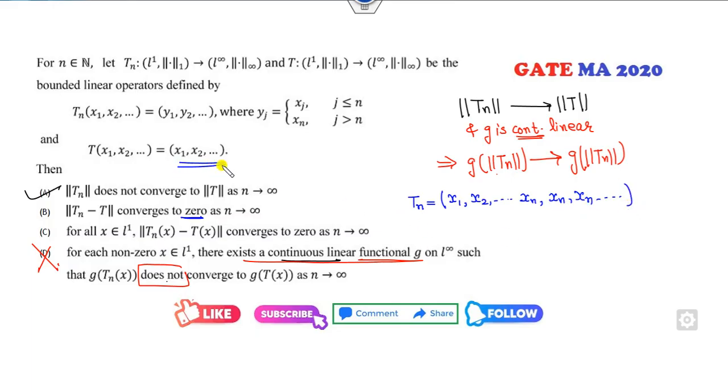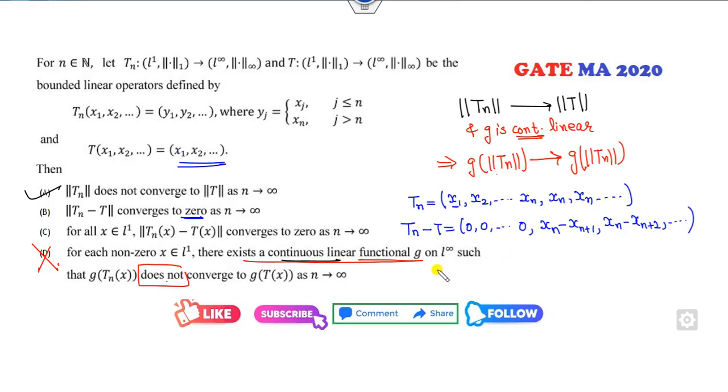And T is here. So what is Tn minus T? If I subtract them, you can see the first n elements are 0, and the rest are xn, xn plus 1, xn plus 2, and so on. Is it fine?